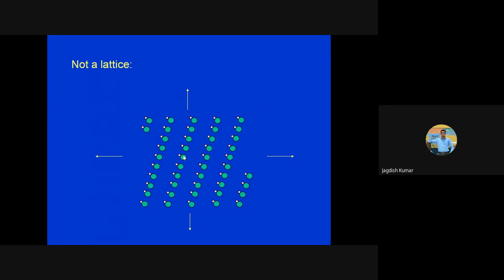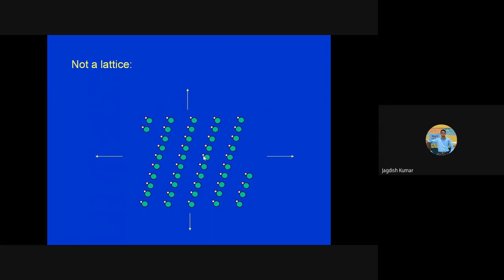Fine. Similarly, this is also not a lattice. Why? Because here you may say, okay, this is a perfectly periodic array. Everything is sitting at its respective place. Perfect. But it is not a lattice. Why? Can you think over this? Why is this not a lattice? Because everything is still periodic. Everything is sitting perfectly.